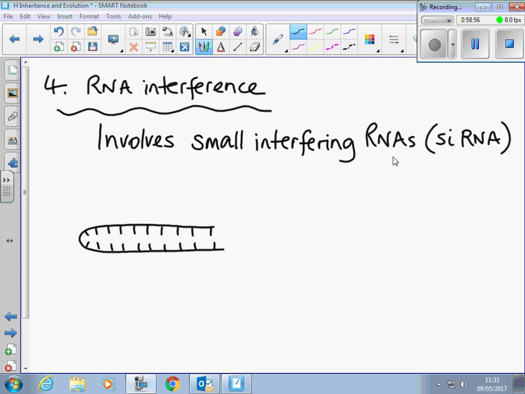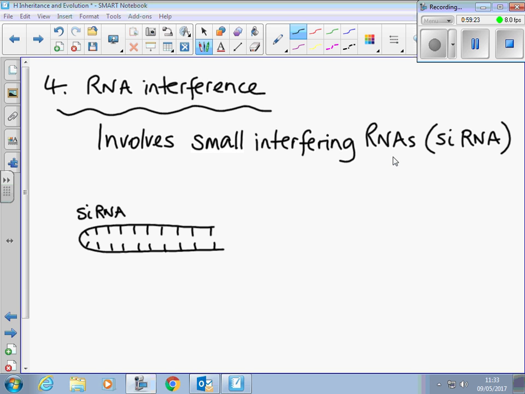Now, what happens to this is described in your notes there, but the first thing that happens is it binds to a particular protein. Proteins again. And I always have to check the name of this. It's called the RNA-induced silencing complex. All right, so this is the siRNA.